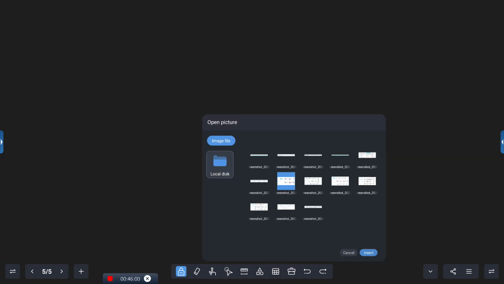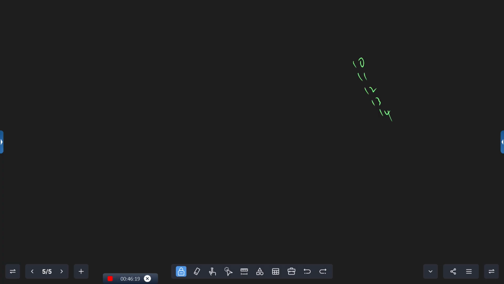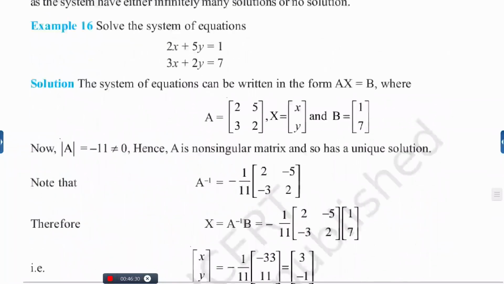Questions 10, 11, 12, 13, 14, we have the same type. So that you have to take any homework: 10, 11, 12, 13 and even 14 also. From this, which one are you going to take for homework? Most of the questions are the same model.